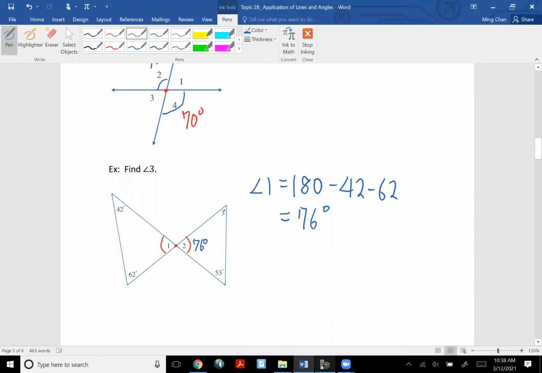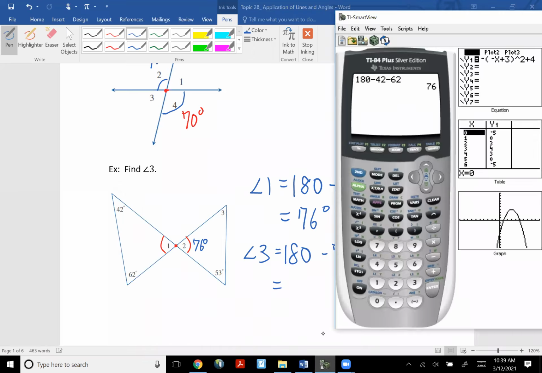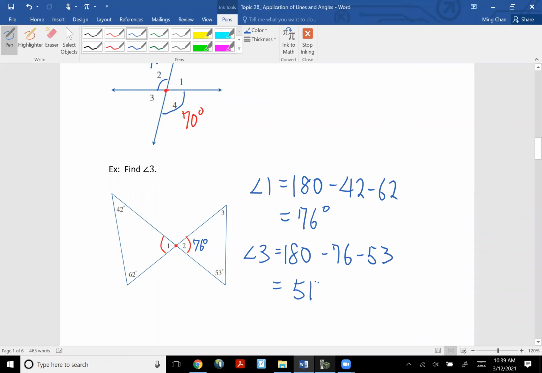Angle three is in another triangle, so we take the total 180 degrees, subtract 76, and subtract 53. Then we find that angle three is 51 degrees.